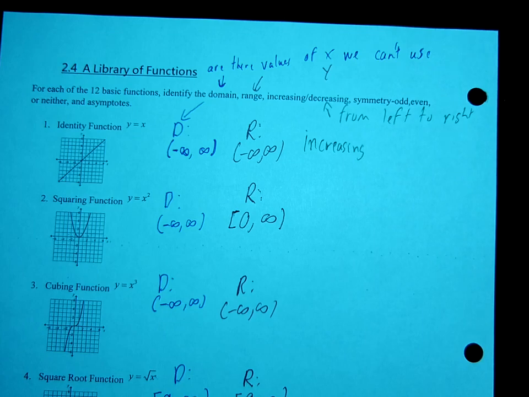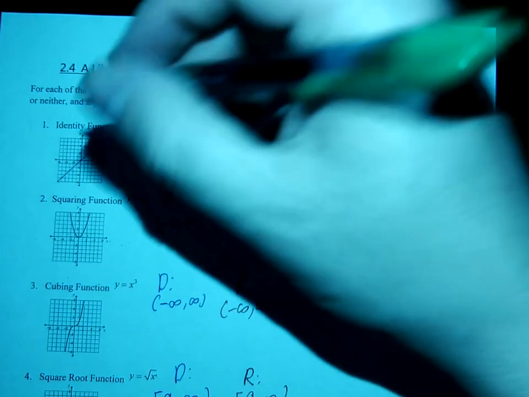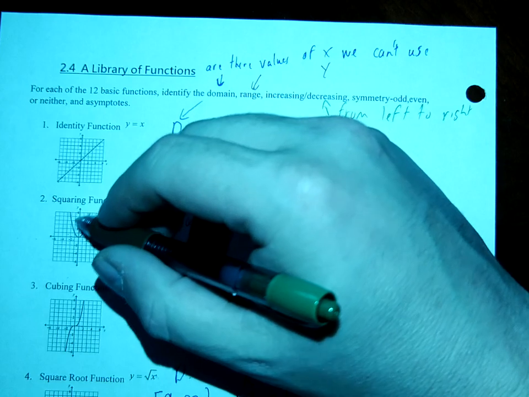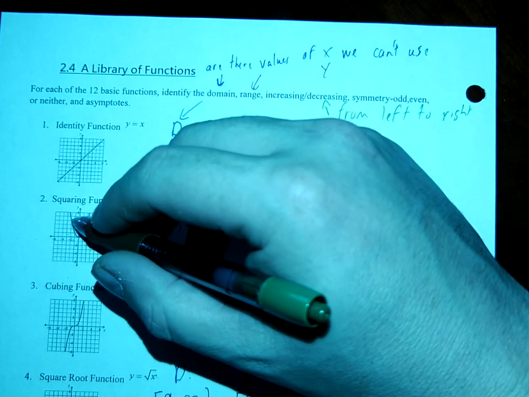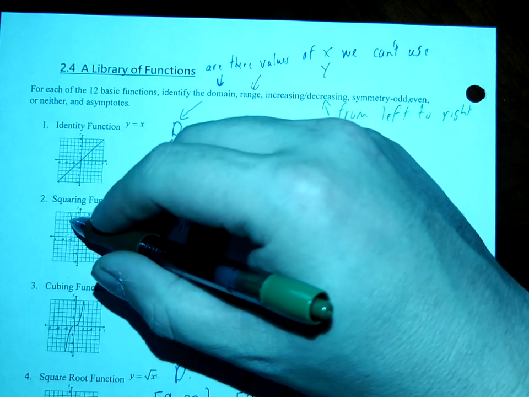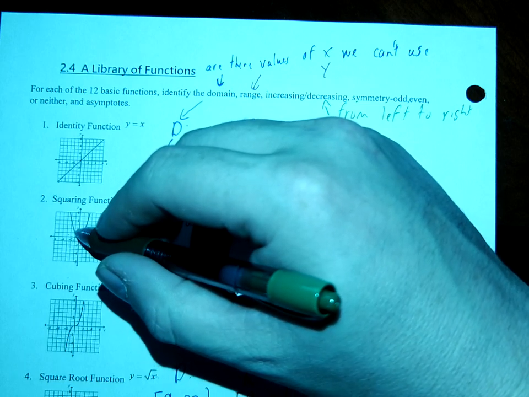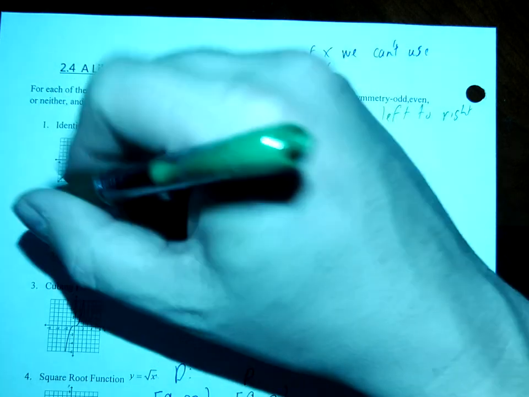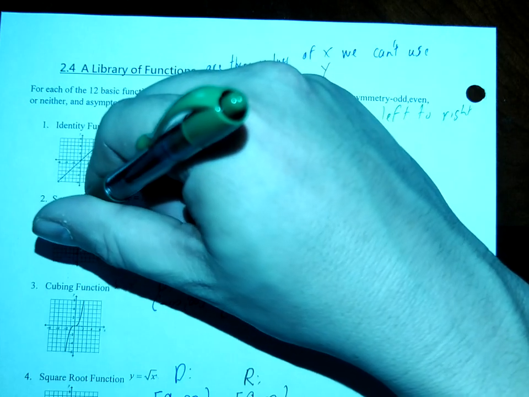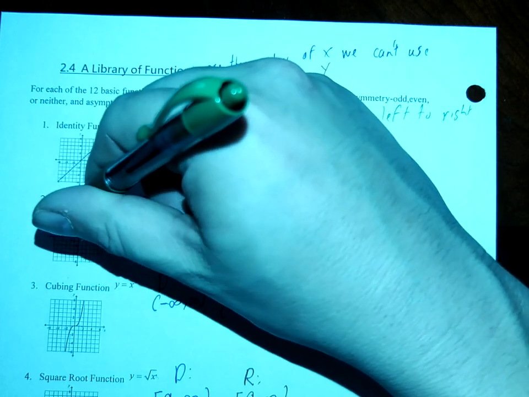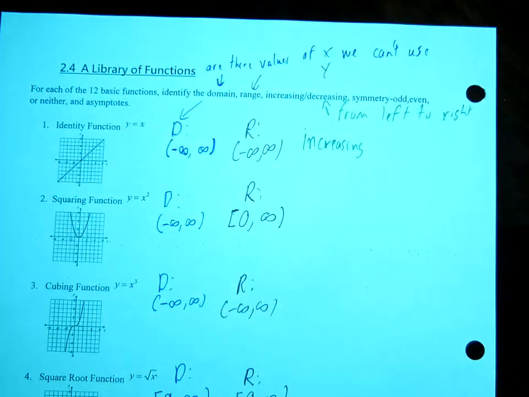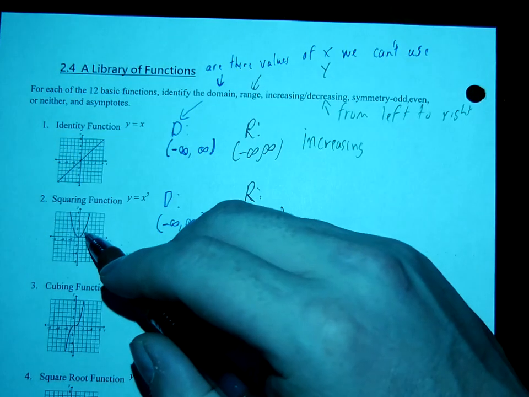So we don't have to specify here, we can just say it's always increasing. Now this one, notice how on the left here, when we take an x value, for example -2, the y value there is 4, but for the x value of -1, the y value there is 1. It has decreased in value. In other words, this function is coming downwards towards the left side of the function. But on the right side, it's coming upwards.